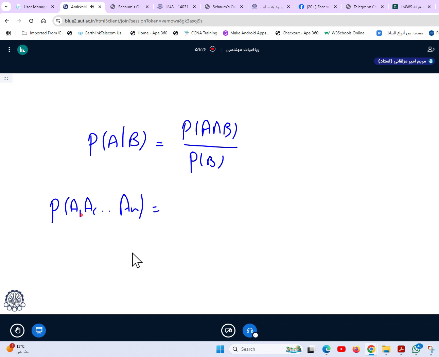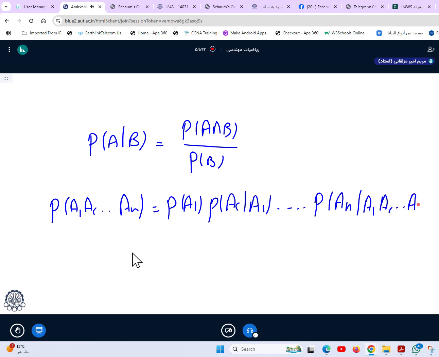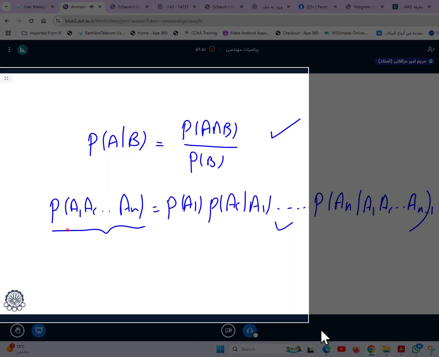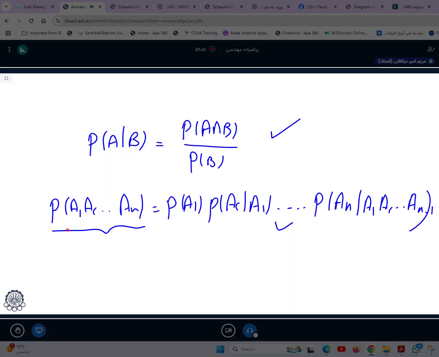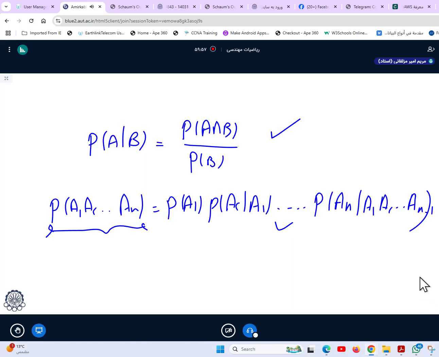The probability of intersection of n events is equal to probability of A1, probability of A2 conditioned on A1, continued, probability of AN given A1, A2, to AN minus 1. Okay, any question? This chain rule is very important in many statistical analysis.